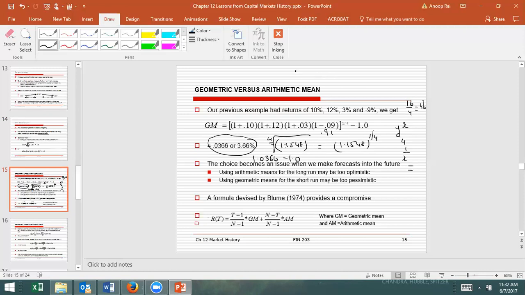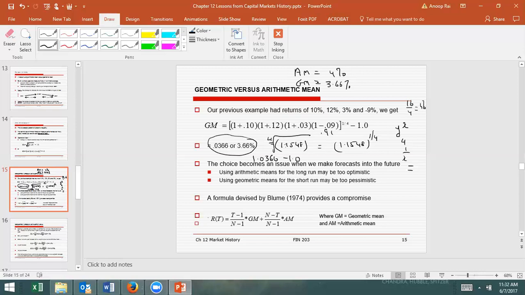So when I used my arithmetic mean, I got 4%. When I used geometric mean, I got 3.66%. So the rule is that geometric mean will always be lower than arithmetic mean, and there's a reason to that. Now, for your purposes, why is it so important?